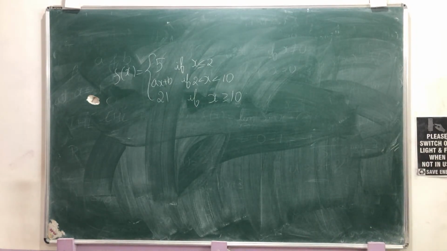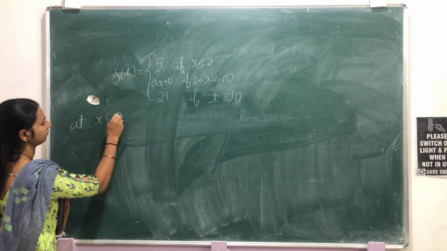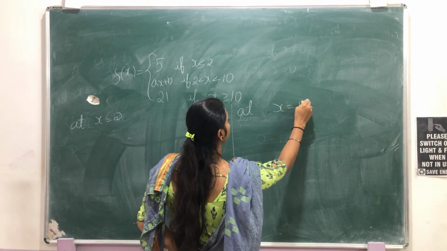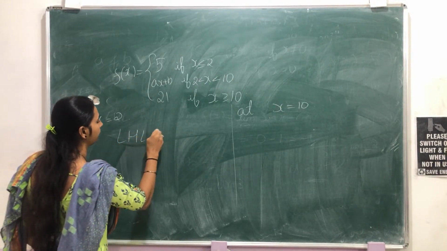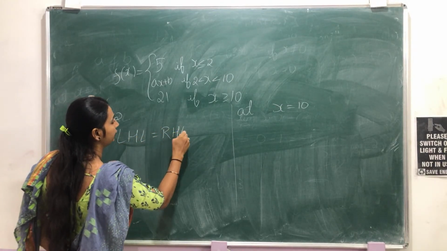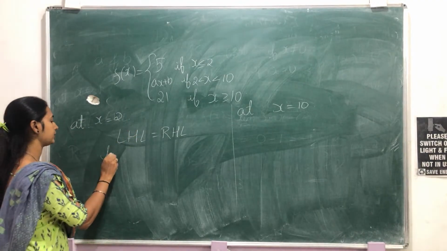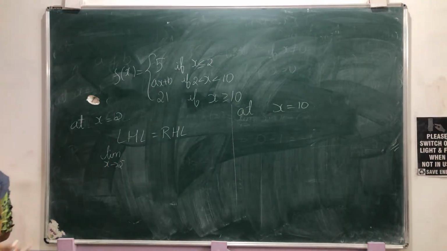How many points are given here in the question? 2 points. Which are the 2 points? 2 and 10. So we'll consider both, at x equal to 2 and at x equal to 10. In both cases, left hand limit equals right hand limit. Here what is the left hand limit? Limit x tends to 2 minus. See, for 4 marks you need to write step by step.